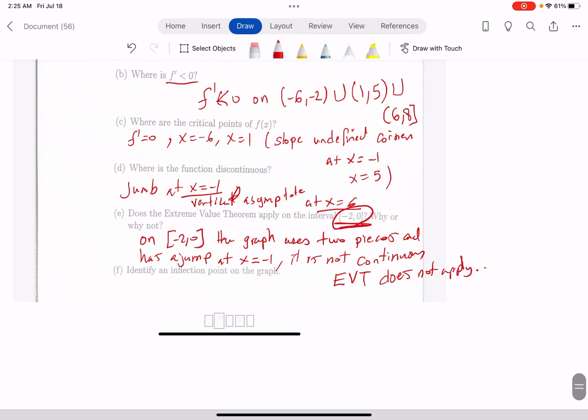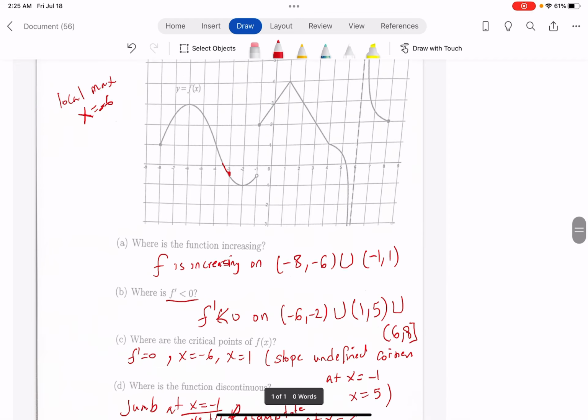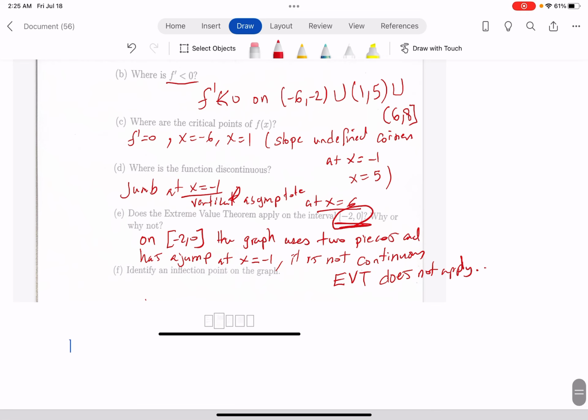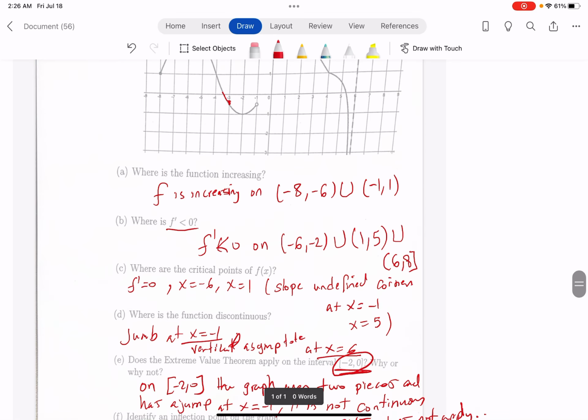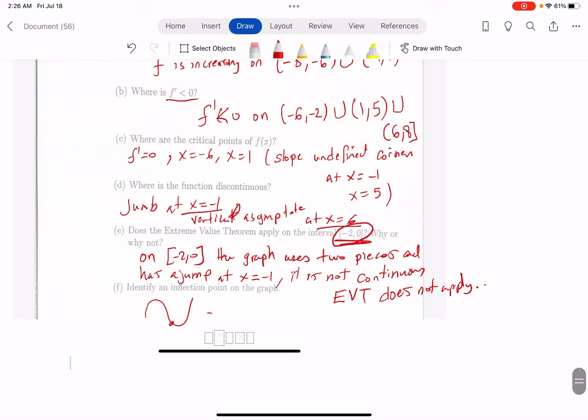So this is where the bend of the first curve changes from concave down to concave up. So almost there. It's going to be approximately -3 and 0.5, and that is the inflection point.